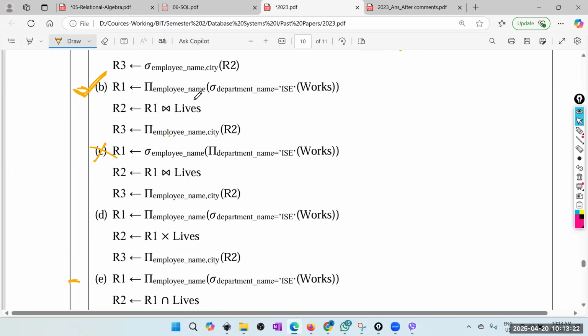Phi employee name, sigma department name works. These two are the same. This is Cartesian product, not a join. So therefore, we will not take this because this is not a join. This is Cartesian product, so this combines all the possibilities. I will not go for this.